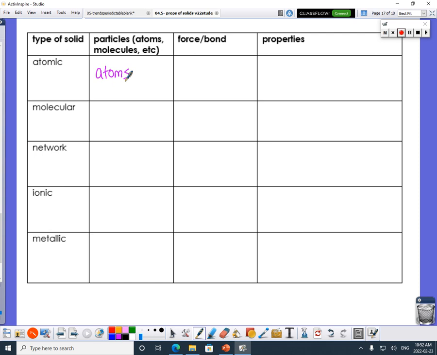I did try to make the properties one the biggest. In the spot, so you could even write it in here as well if you want to write some examples. So we talked about noble gas atoms.